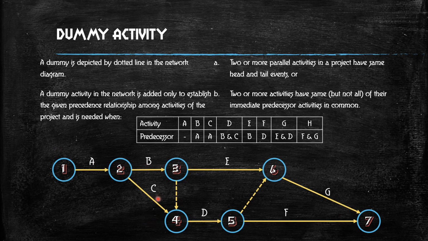If you see C, 4 is greater than 2. If you see D, 5 is greater than 4. If you see E, 6 is greater than 3. If you see F, 7 is greater than 5. If you see G, 7 is greater than 6. This is what you have to make sure when you are giving the number.